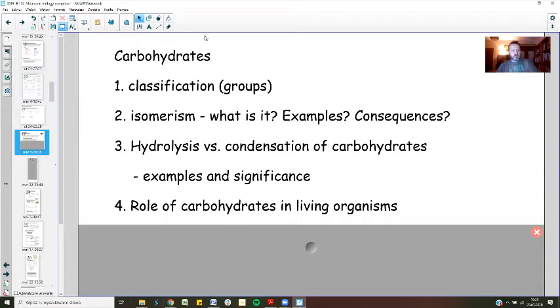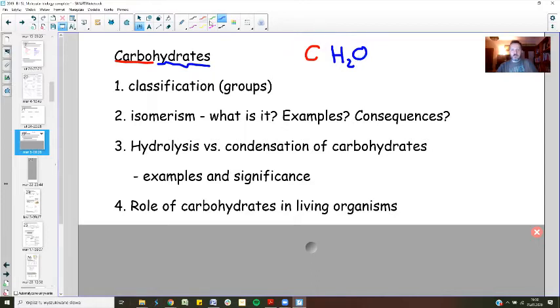Let's start from the question, what does it mean, carbohydrates? Carbohydrates, as the name suggests, contain carbon, so carbo, and hydrates. So basically, it means that each carbon in a molecule of carbohydrates has a specific relation to hydrogen and oxygen.